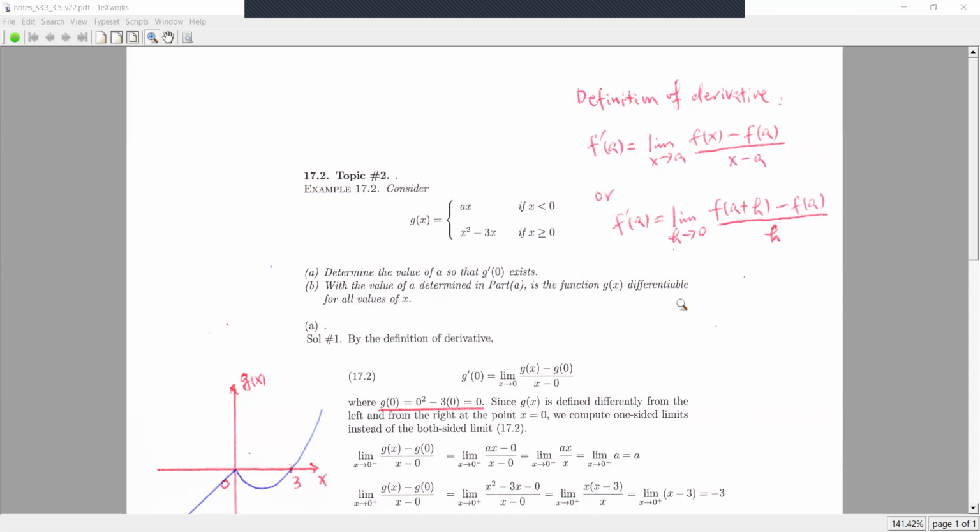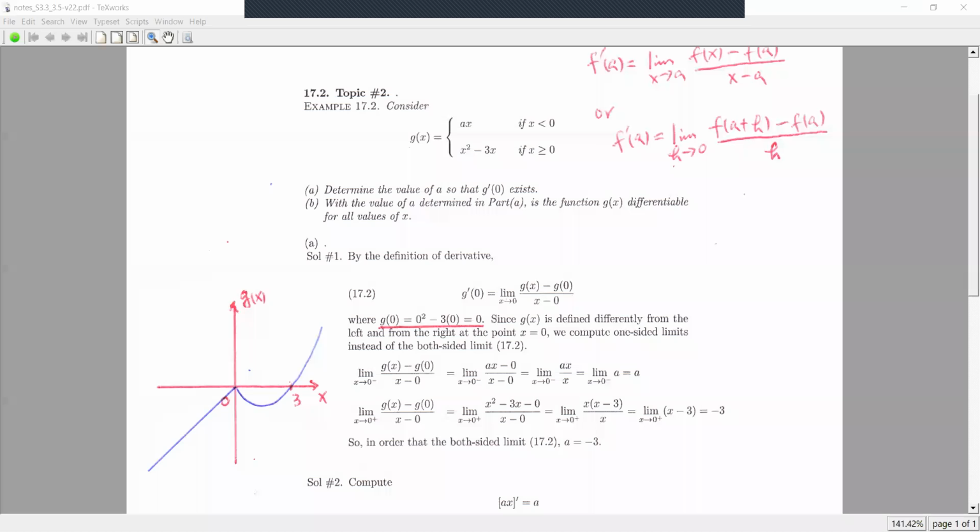Differentiable means derivative is computable. Derivative exists. This example doesn't require me to plot the graph of the function. But I still plot the graph here to help myself answer the questions.